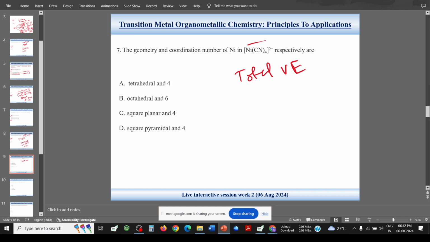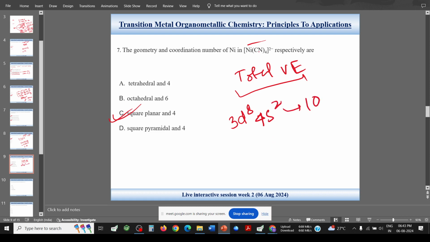Which option is correct? Option C, very good. And then tell me the total valence electron count. It will be 16. Nickel is in which group? d8, that is 3d8 4s2, a total of 10 electrons.